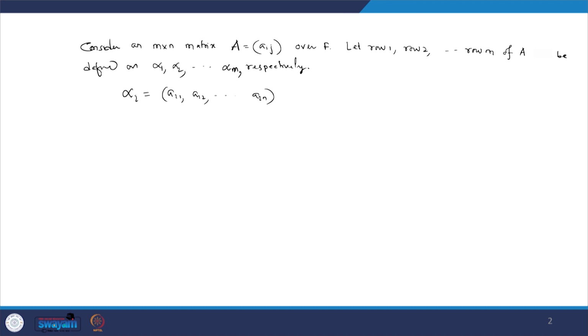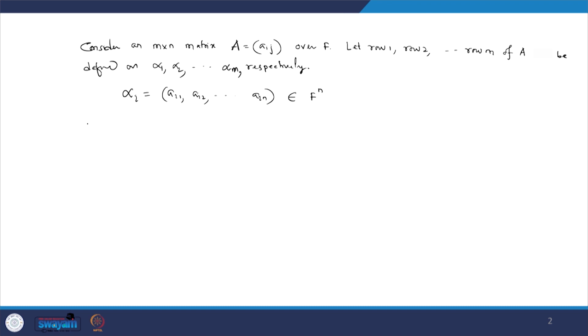Since we have defined the matrix capital A over capital F, each entry A_i1, A_i2, A_i3 all belongs to capital F. This means that alpha i also belongs to F^n, basically the n-tuple space over F. So, I have defined alpha 1, alpha 2 as the m rows of capital A.